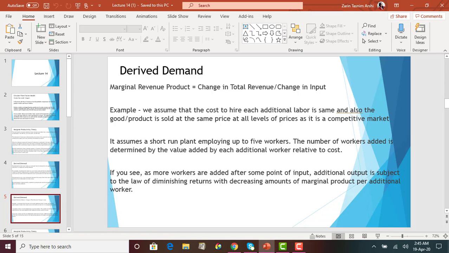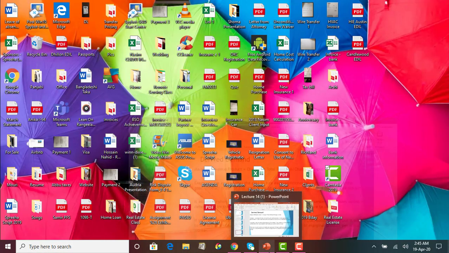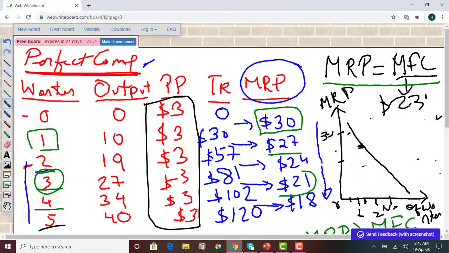As more workers are added after some point, additional input is subject to the law of diminishing returns, with decreasing marginal product per additional worker. So as you're adding more and more workers, your marginal product is decreasing.